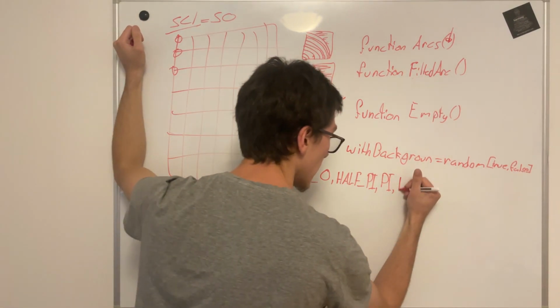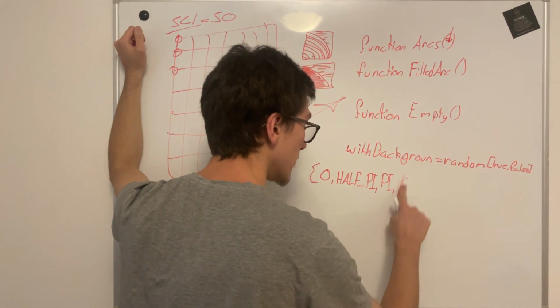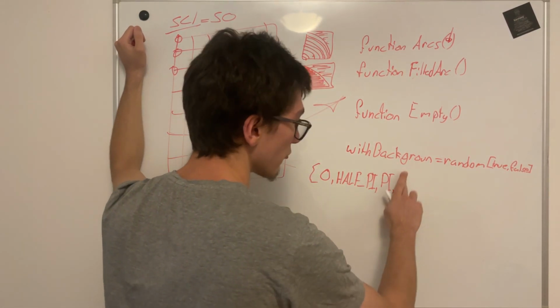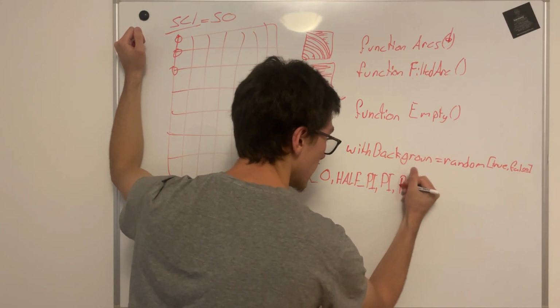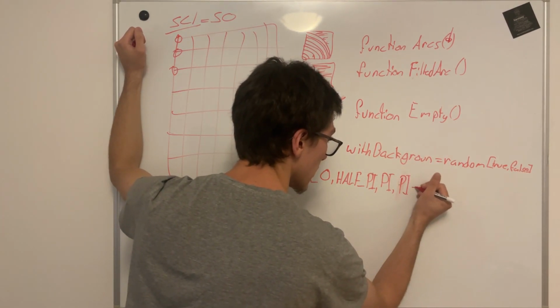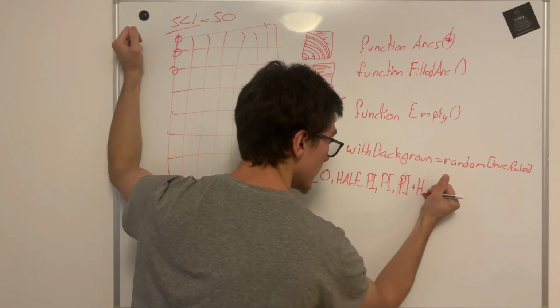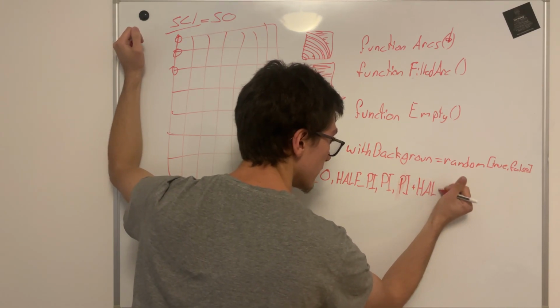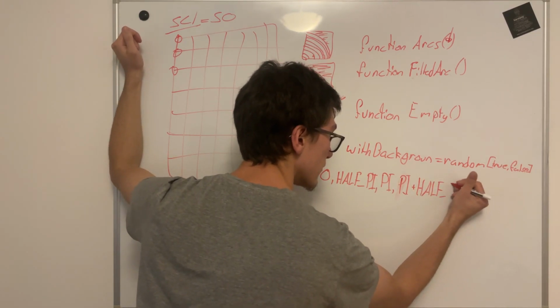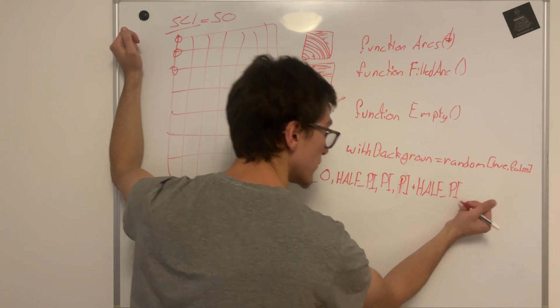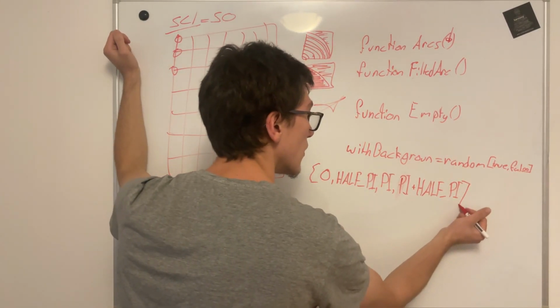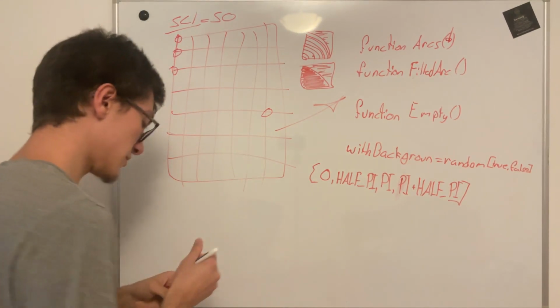So pi plus half pi. Right? There we go. I think that's pretty much it.